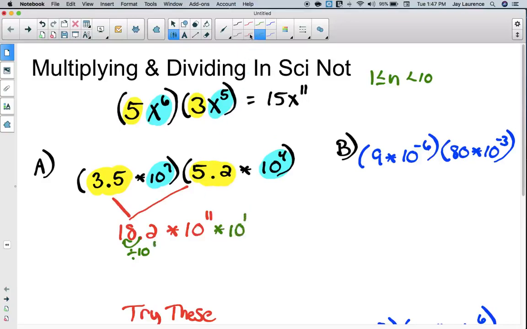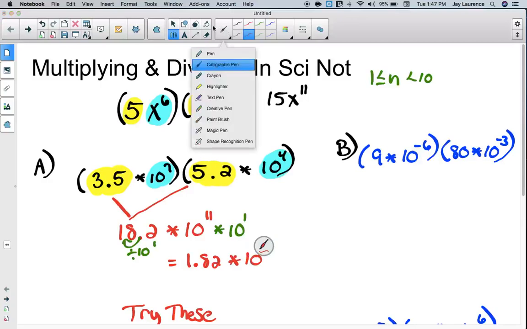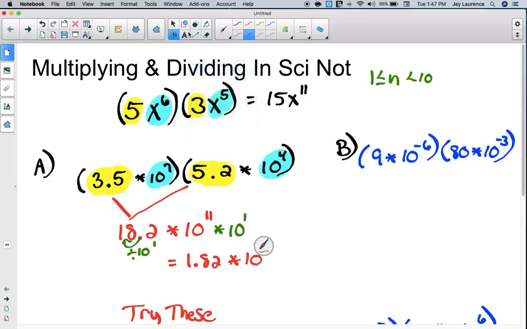So my answer here is going to be 1 82/100 times 10 to the 12th power.